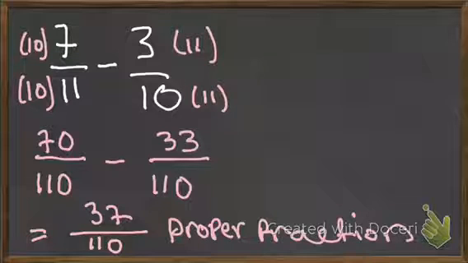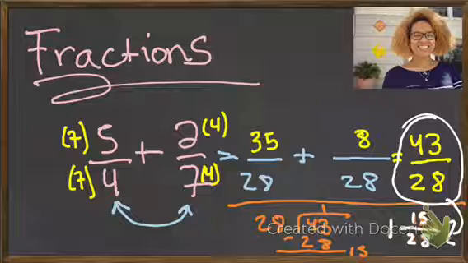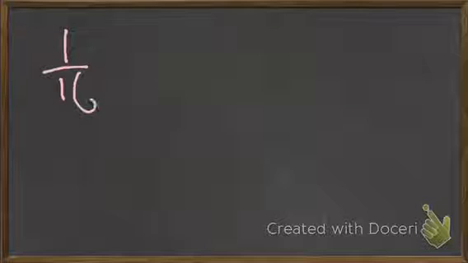Now let's work another example where we are going to multiply fractions. Let's say I give you 1 over 16 times, no, let's not use that, that is the next example.